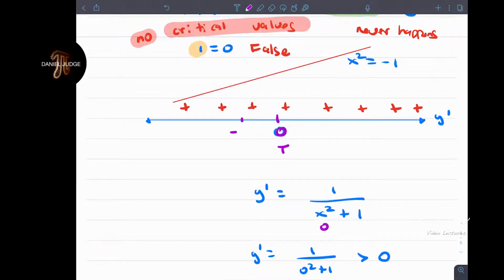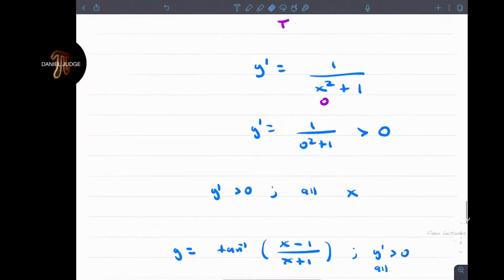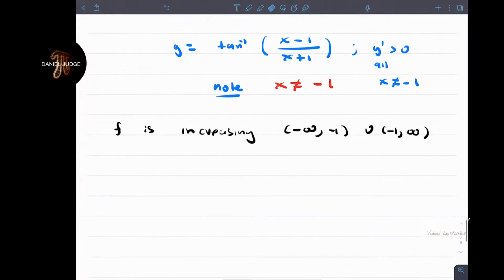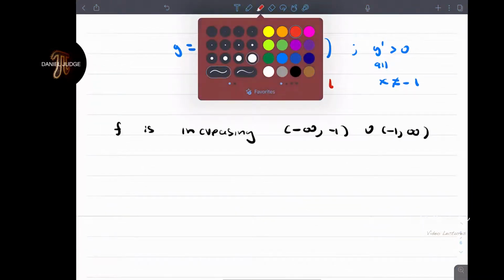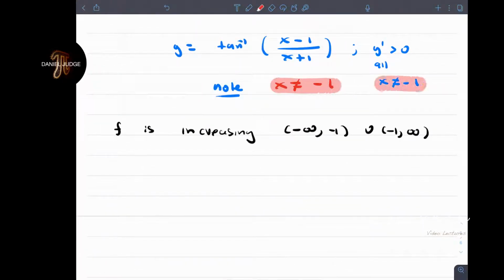We should have said we've got to throw out negative 1 here, right? So negative 1 is not defined. The function's not defined. Anyway, we just wanted to go back to see what that domain was. So this is all positive for all real numbers except for the value of x being negative 1. This is not in your domain here.